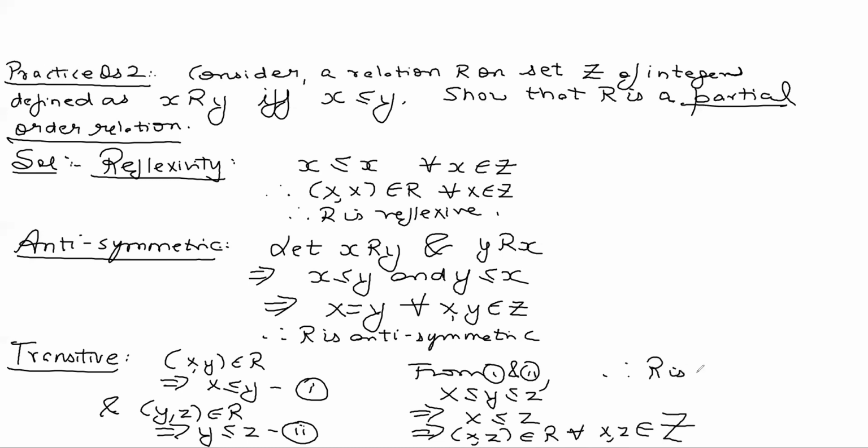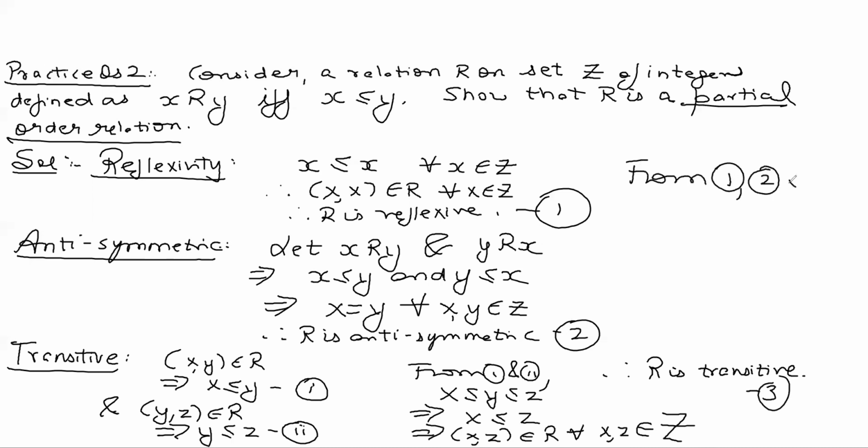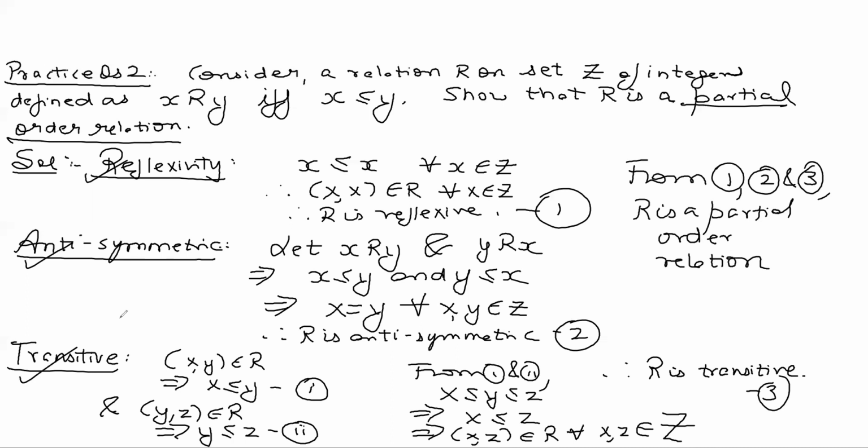Therefore, R is transitive. And from 1, 2, and 3, R is a partial order relation since it is reflexive, antisymmetric, and transitive.